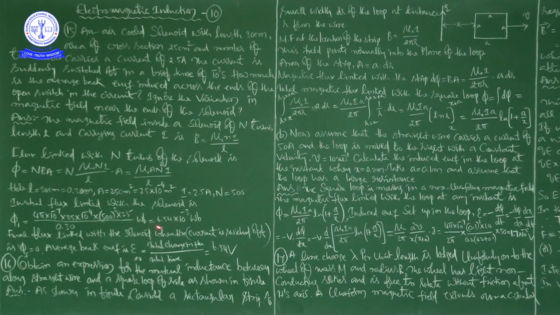If we complete this calculation, we get 6.54 into 10 to the power of minus 3 Weber.